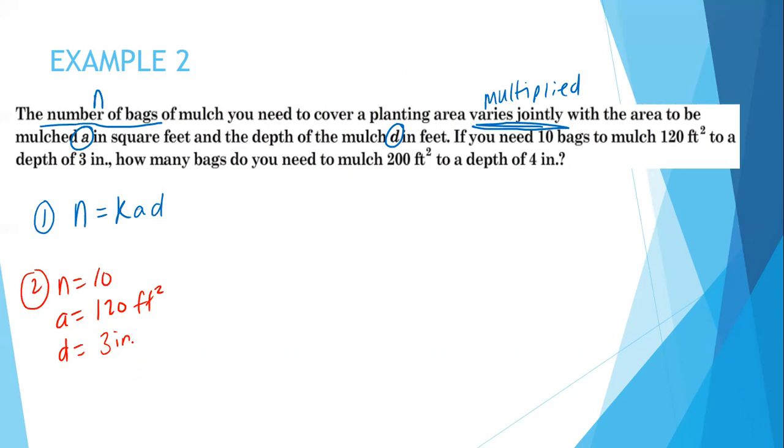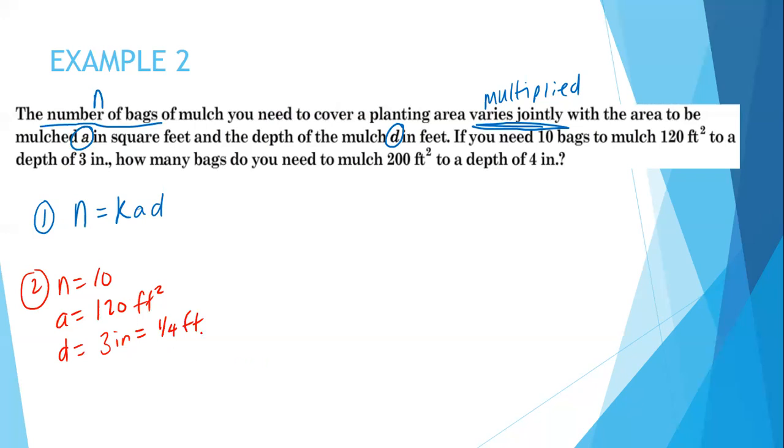So before I can do anything, they need to be the same units, okay? And it's easier to go from inches to feet in this case, right? 3 inches is in what relationship to a foot? It's a fourth, 1/4, exactly. So this is 1/4 of a foot. Does that make sense?